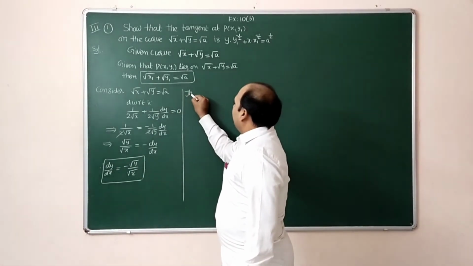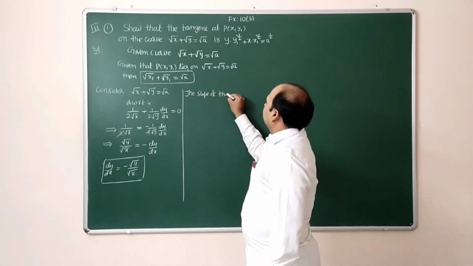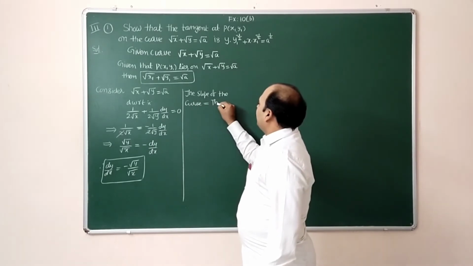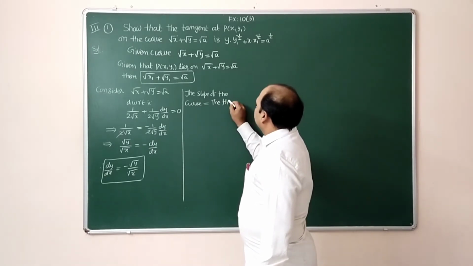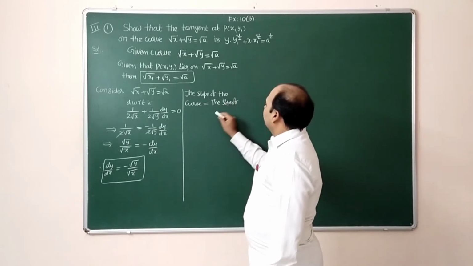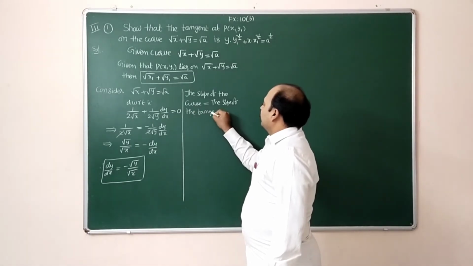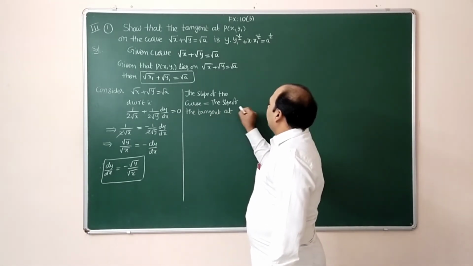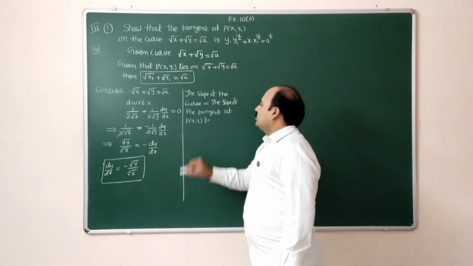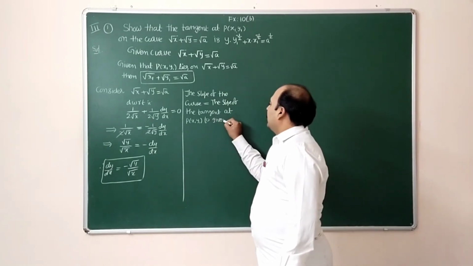After this, the slope of the curve is equal to the slope of the tangent at P(x1, y1) to the given curve.